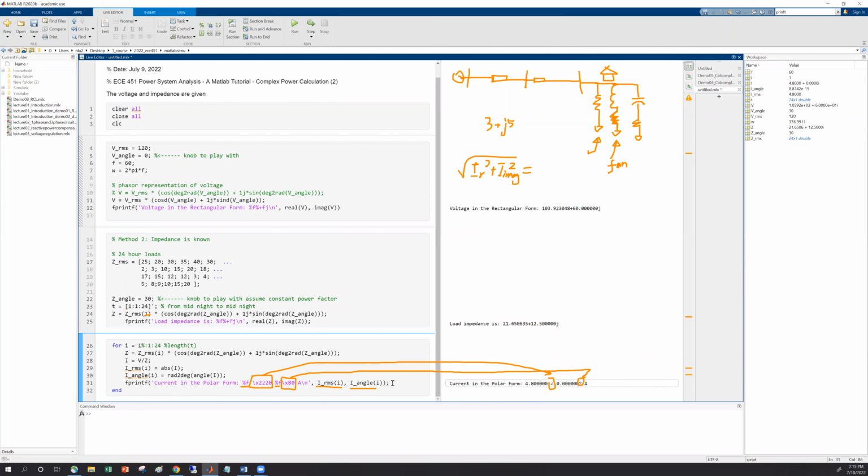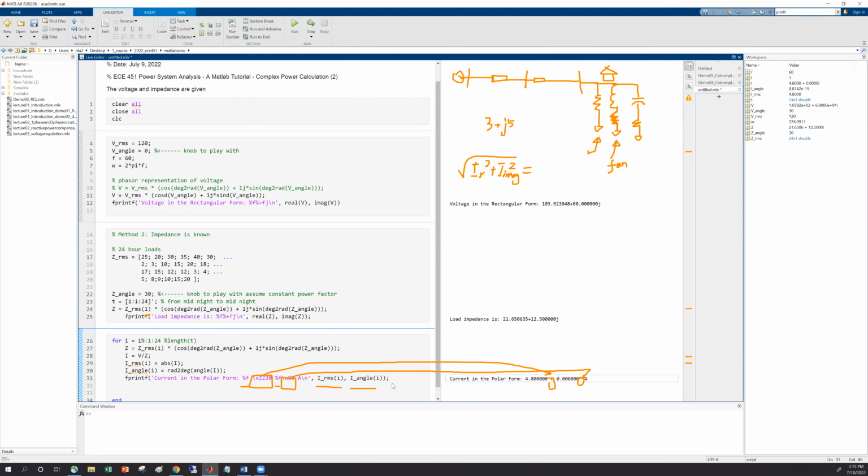So the next thing that we want to do is compute the complex power, right? Before that, we can do the power factor. So power factor should equal cosine of V angle minus I angle.